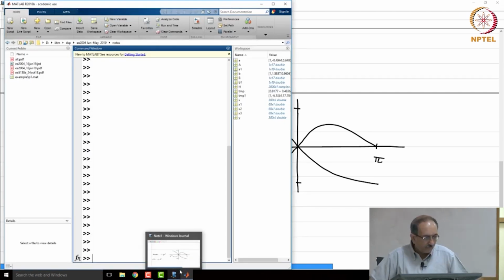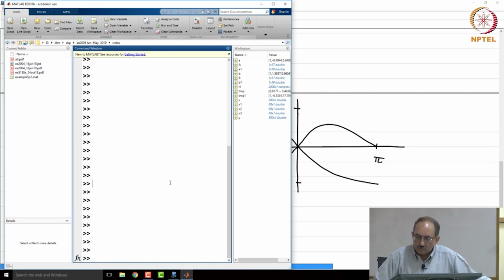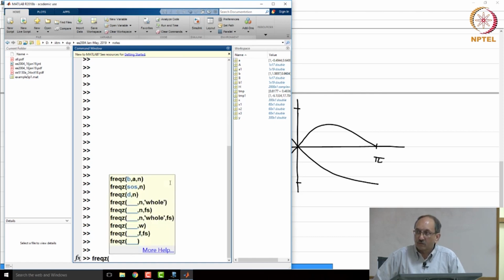I can also show this in MATLAB. So, I will use MATLAB's inbuilt frequency function and then illustrate this. So, the first system is 1 minus 0.5, and then the denominator is 1.